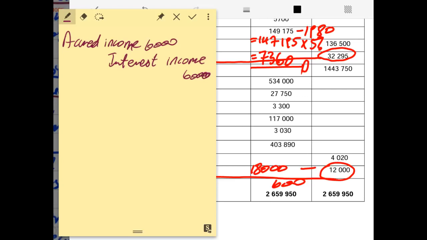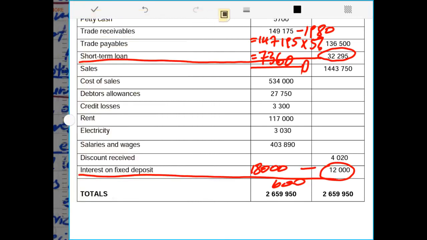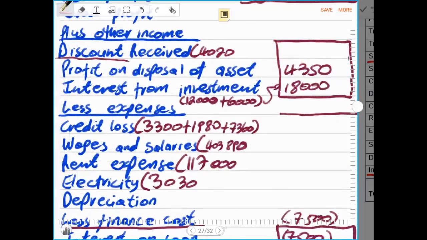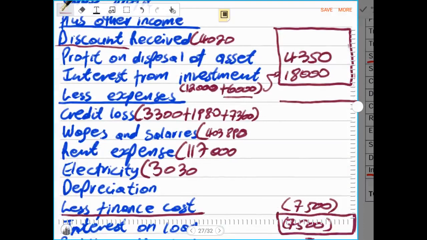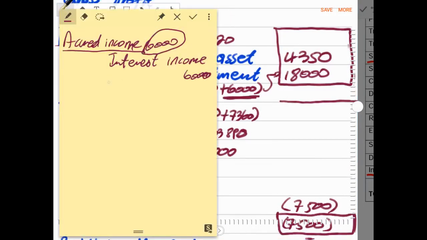So now that should indicate that accrued interest is an asset. Therefore now our debtors or our assets must be increased by 6,000 rands in the balance sheet, because we have already recorded the 6,000 where the interest income is increasing on the credit side. This is the interest income increasing on the credit side by 6,000 rands.